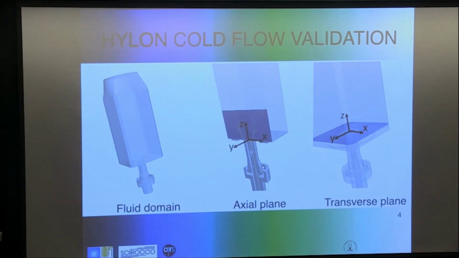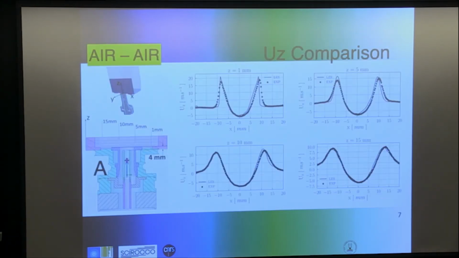Just to show you the type of accuracy, this is a typical result when you do LES. When you do cold flow LES today, if you're not right on the experimental data, it's that the experimental data is wrong, because LES without combustion today in those systems for swirl flow works extremely well. You see here cuts of velocity, UZ, at different places.